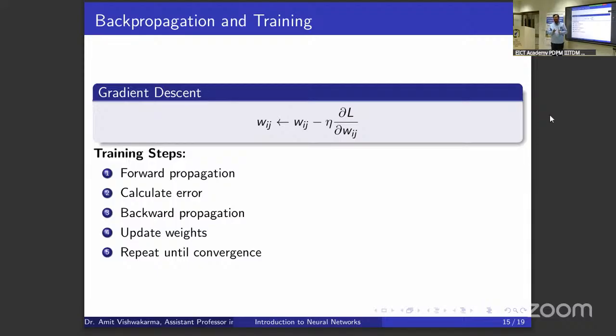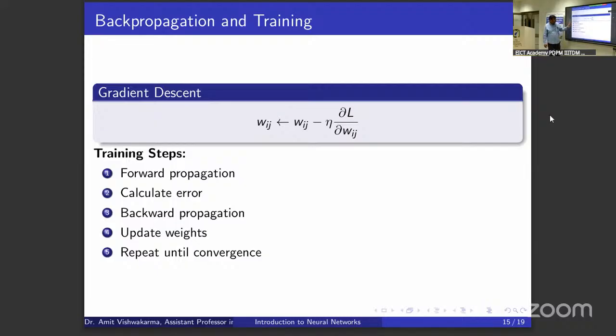In this fashion, all the parameters will be updated. We have to arrange this in a systematic, proper fashion. This updation is basically the gradients.